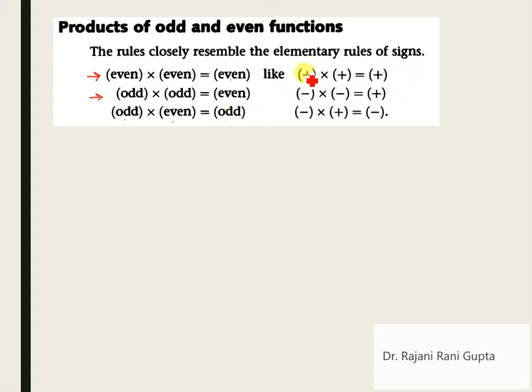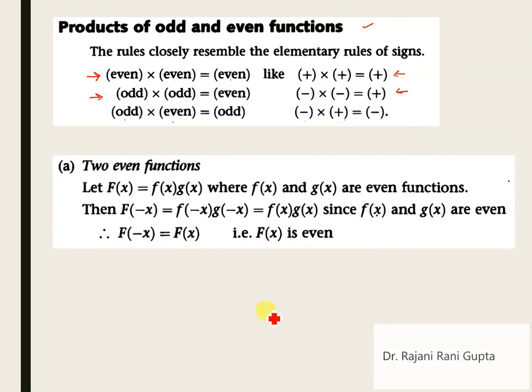If I represent an even function by plus and an odd function by minus, we know that plus times plus gives you plus. Minus times minus, two negatives, gives you positive. And if it is one positive and one negative, it gives you negative. So these are the rules for the products of odd and even functions, which can easily be proved.